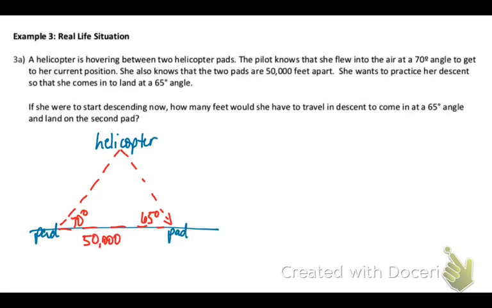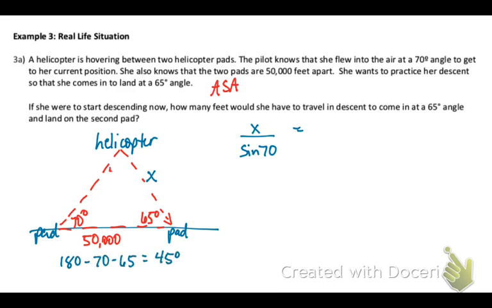So if you look at that sketch, this is an angle, side, angle situation, so we can use the law of sines. If she were to start descending now, how many feet would she have to travel in descent to come in at a 65 degree angle? So I've marked our unknown as x. So we can set up a law of sines proportion. So x over the sine of 70 equals 50,000, but then I notice I'm going to need to find that third angle.